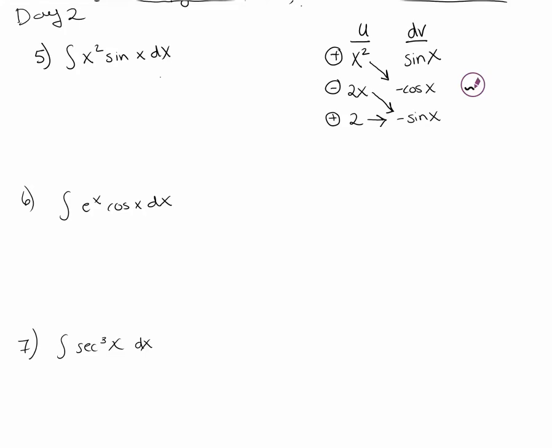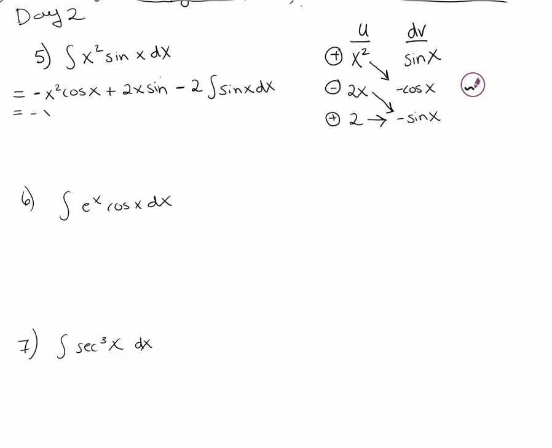So at this point I'm going to go ahead and rewrite my work. I'm going to say this equals negative x squared cosine x minus, well actually a negative and negative is going to make it plus 2x sine x, and then minus, I'm going to put the 2 and the negative out front, the integral of sine x dx.